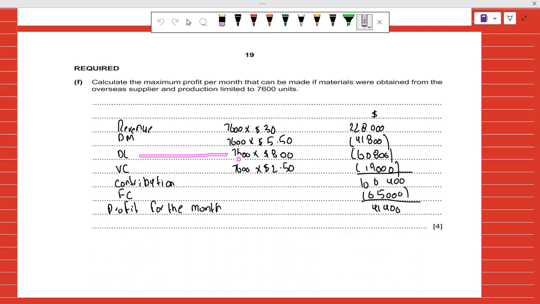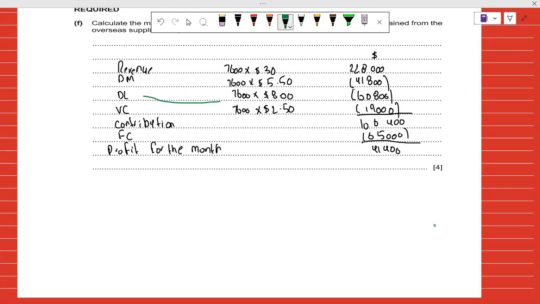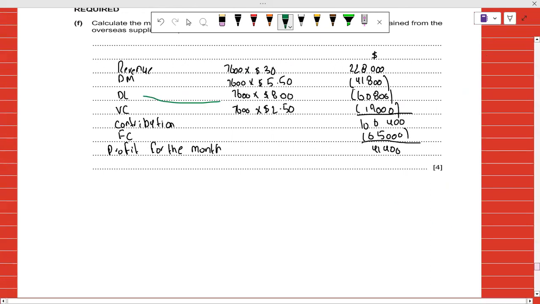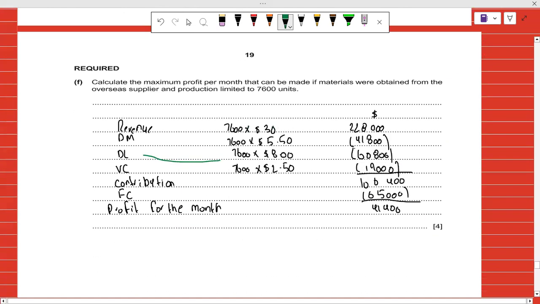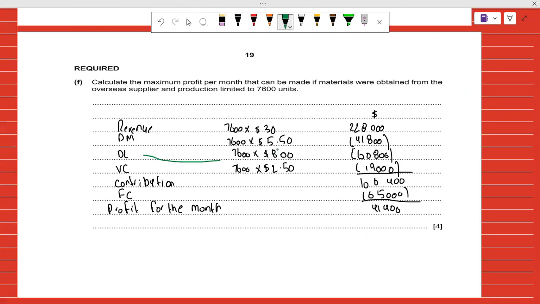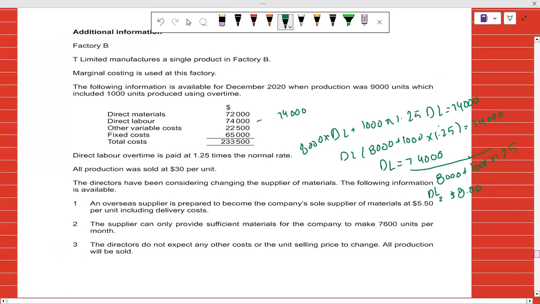And direct labor, which is 7,600 multiplied by the labor cost per unit. For this you have to do some working, because we don't know what the direct labor cost per unit would be for the 7,600 units. So for this, just see this working.